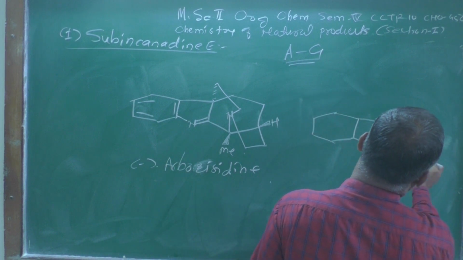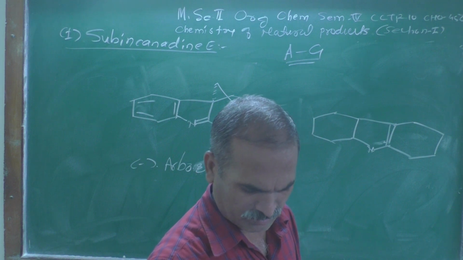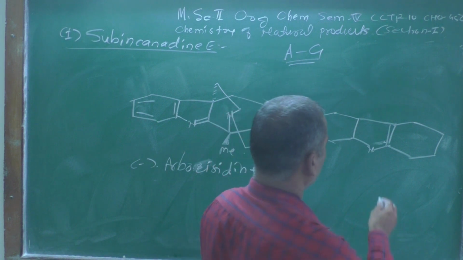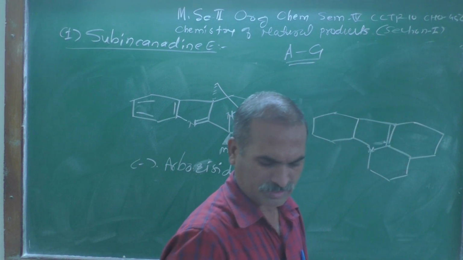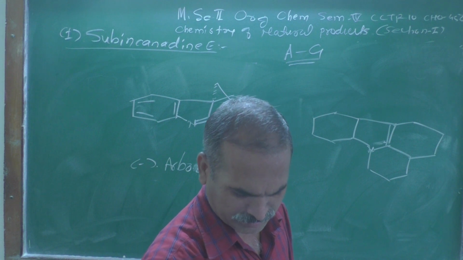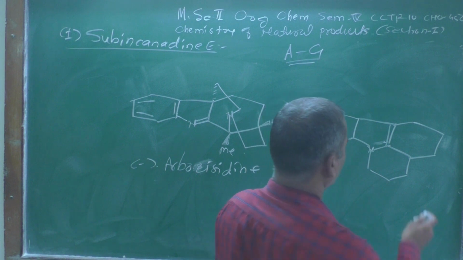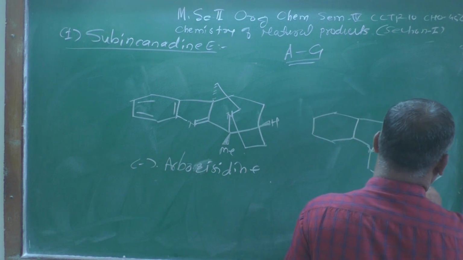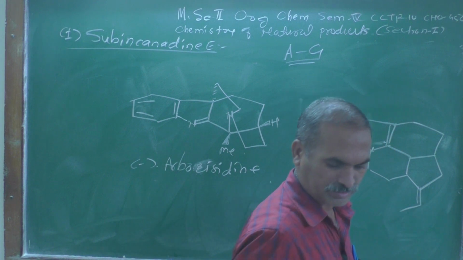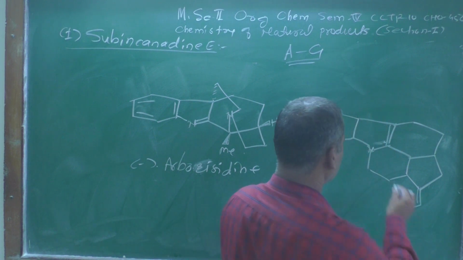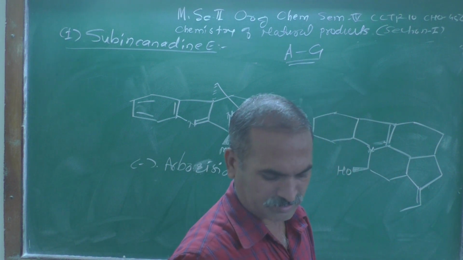Then there is a 6-membered ring, then one more 6-membered ring attached over here, and a 5-membered ring attached over here, and then here is a double bond. Here is a hydroxy group, which should be above the plane.